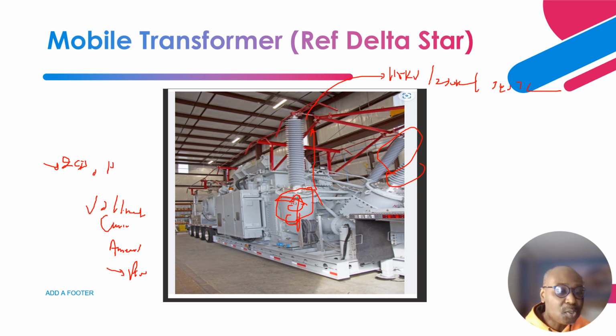The first one is used for instrumentation, that is for an ammeter, and the second one can be used for a watt-hour meter, or the first one can be used for an ammeter or watt-hour meter, and the second one used for protection. So these are the CTs that are located over here, and of course, this one is the transformer, and on the side is basically your tubular bars with your disconnect switches.